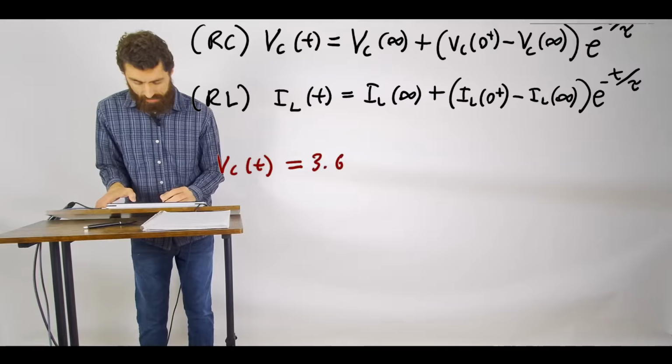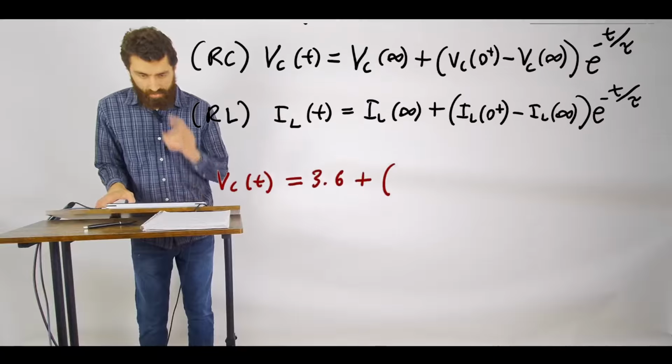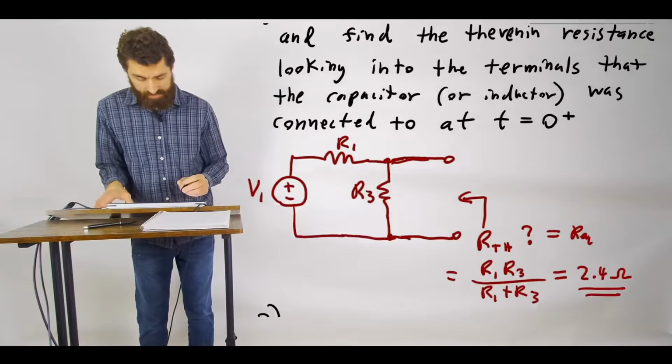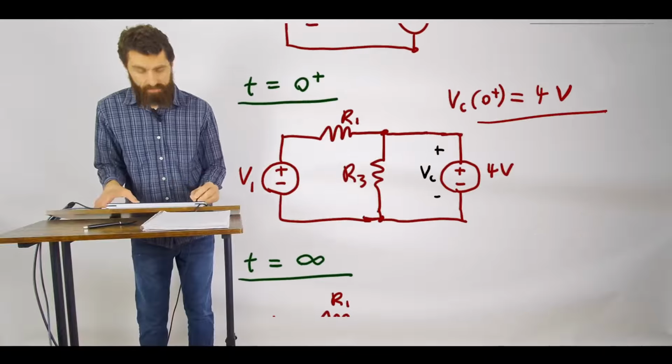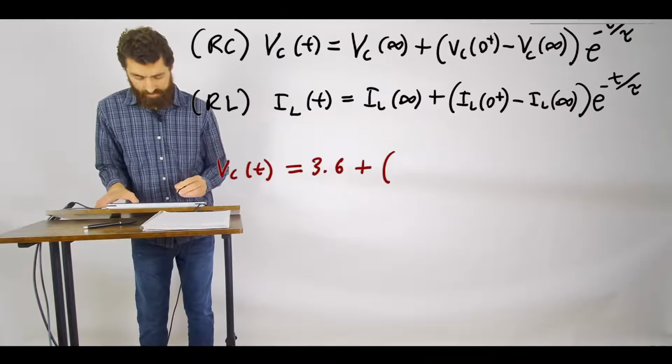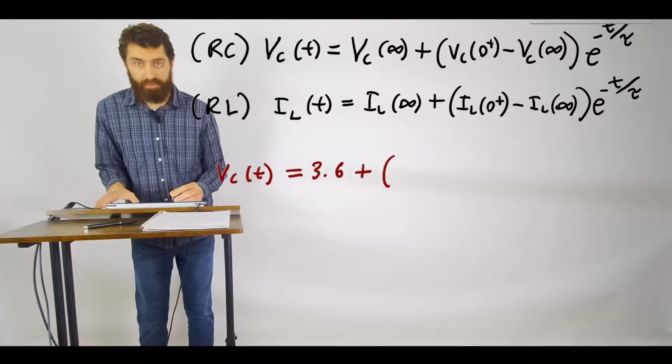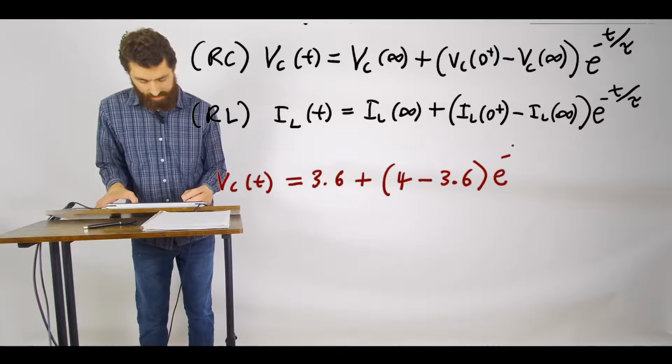So 3.6 plus our VC of 0 plus, which was 4 volts, right? So 4 minus, again, the infinity voltage, which is 3.6, and then times e to the minus t over tau, which tau was 0.312. So that gives us 3.6 plus 0.4 e to the minus t over tau.